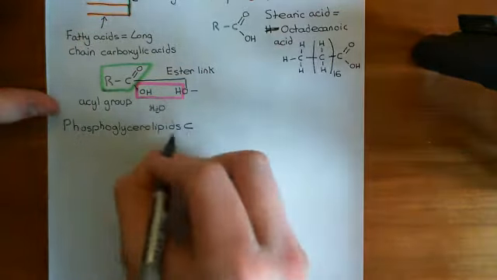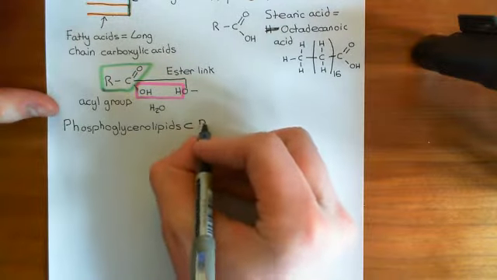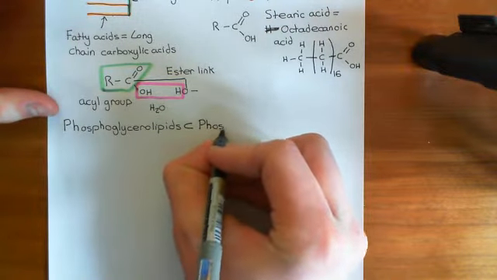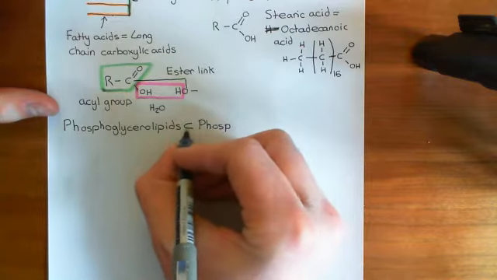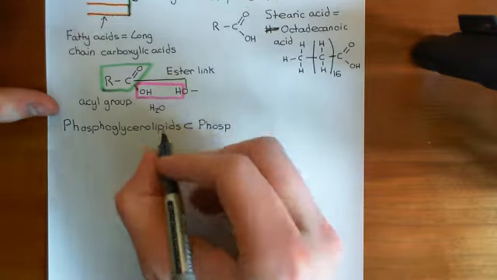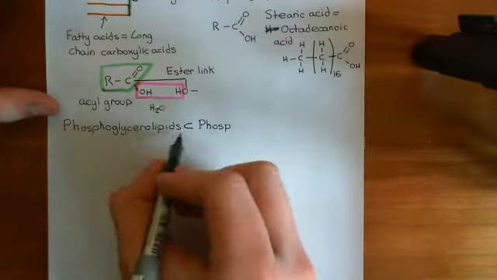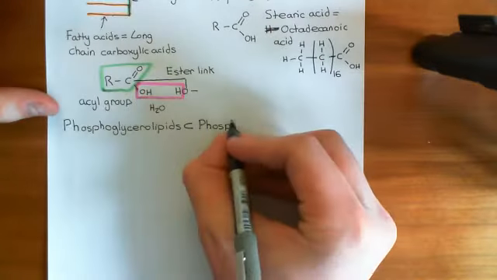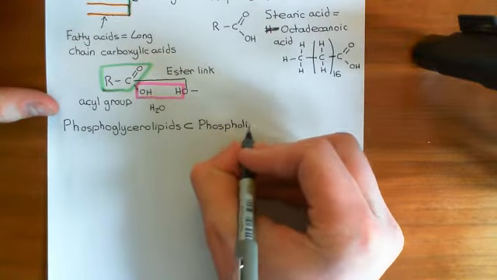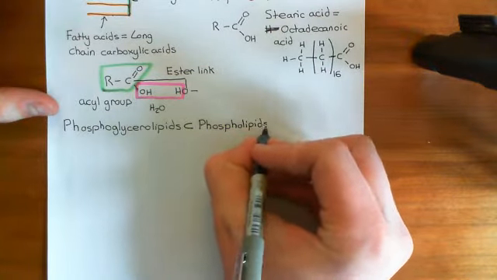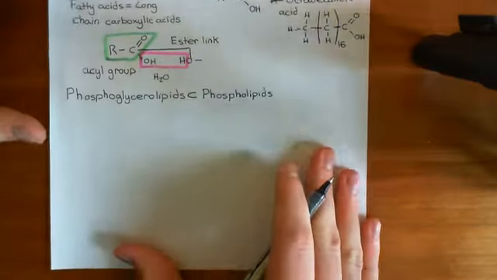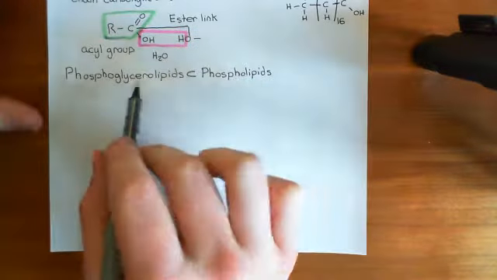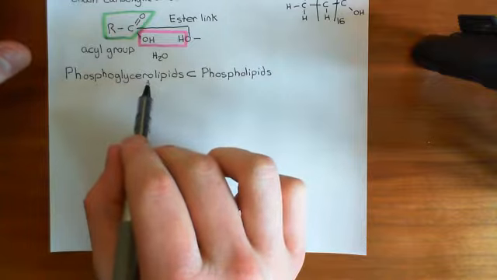So the set of phosphoglycerolipids is contained within the set of phospholipids. That's just a little bit of maths notation to denote that all of the phosphoglycerolipids are phospholipids.